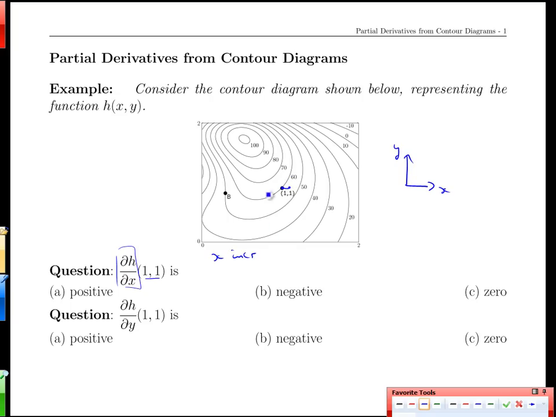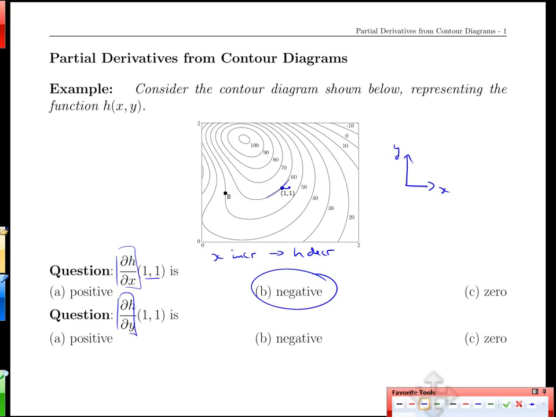Well, it's pretty clear from the contour diagram that we'd be going from a contour at height 60 towards a contour of height 50, and that would be going down. So this would be a higher place, and then we're heading towards a lower place. And that means that when x is increasing, h is decreasing. We're changing contour lines and going down. What we expect to see there is that the partial derivative of h with respect to x will be negative.